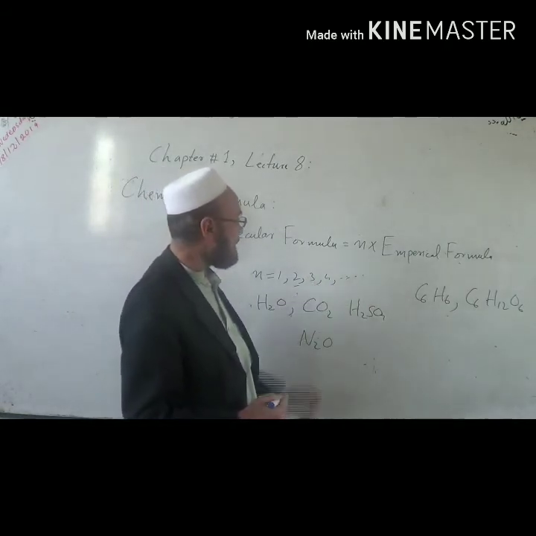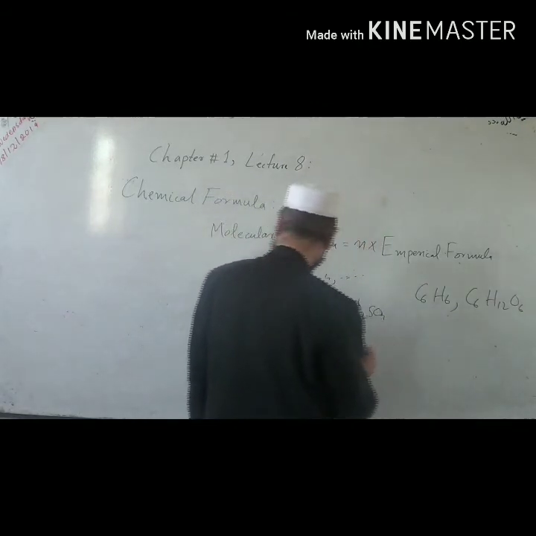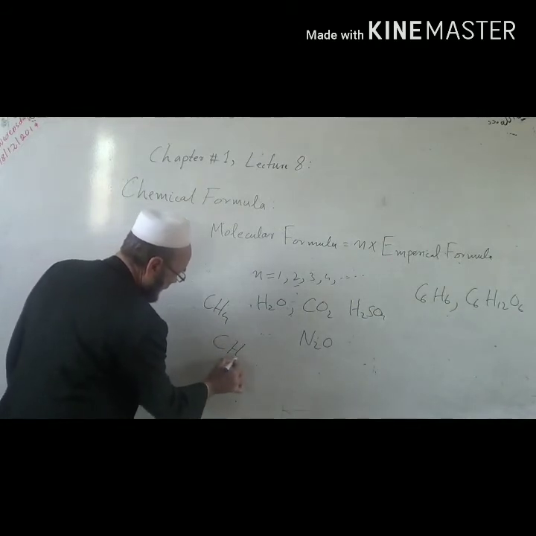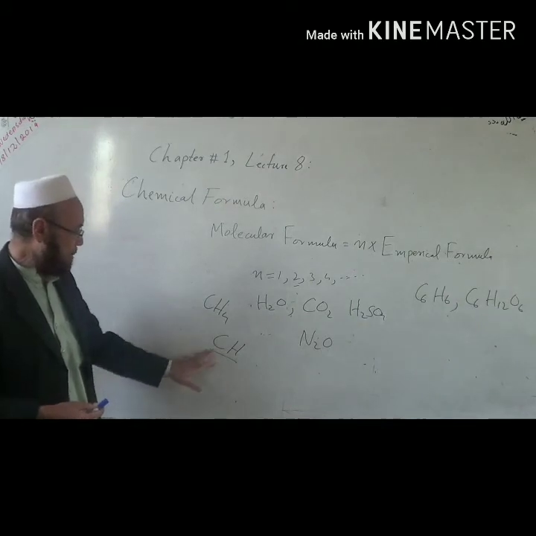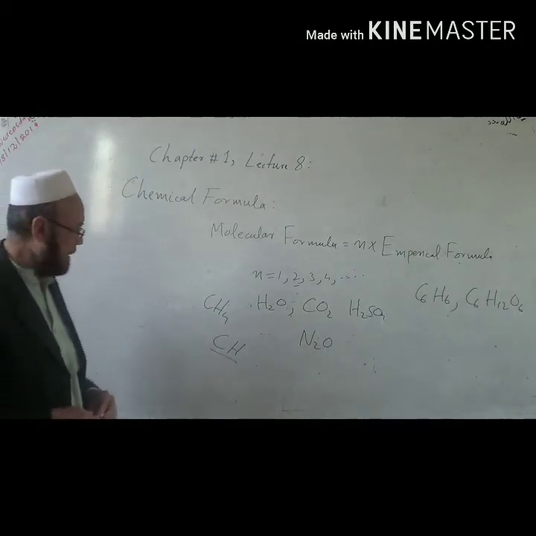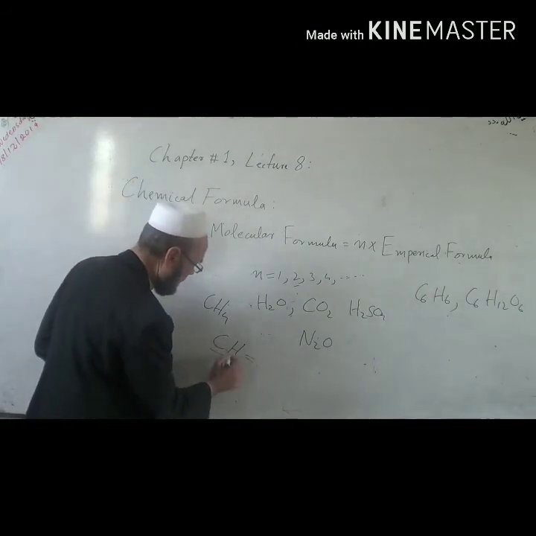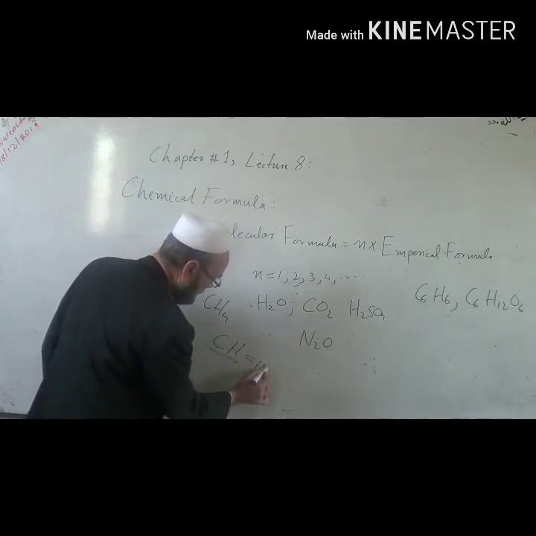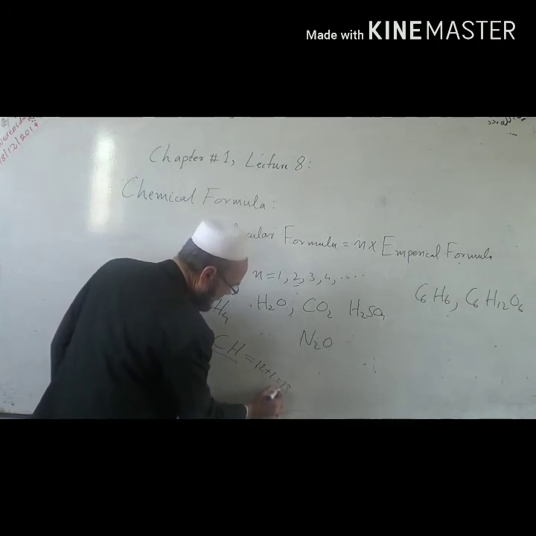How can we calculate it experimentally? Experimentally we need only one thing. Suppose we have calculated that a certain compound has two types of atoms, carbon and hydrogen. Its simple formula, empirical formula weight will be 12 plus 1 is equal to 13.